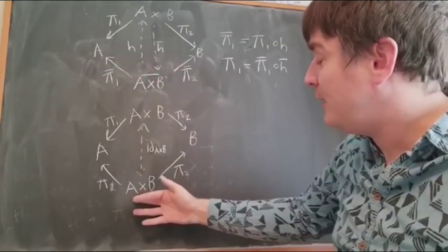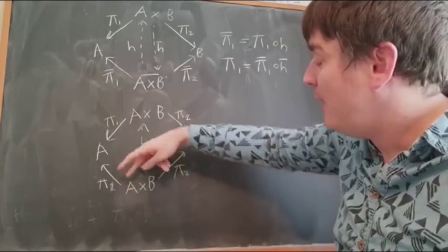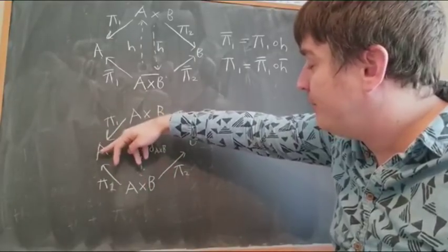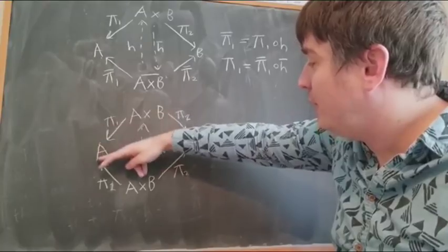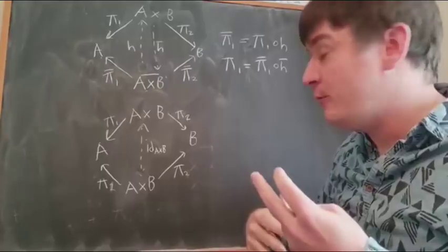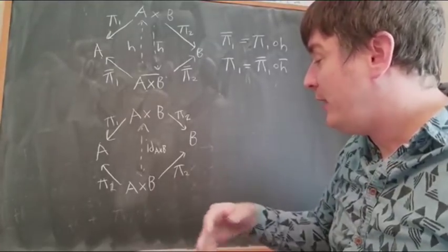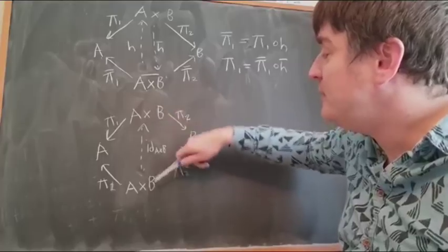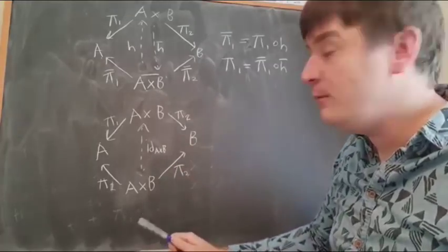So this, we'll now think of this as a candidate, and there it is with its projections, pi 1 and pi 2 into A and B, and we're wanting to know, can we replicate the effect of these projections with some intermediary arrow? And indeed we can.